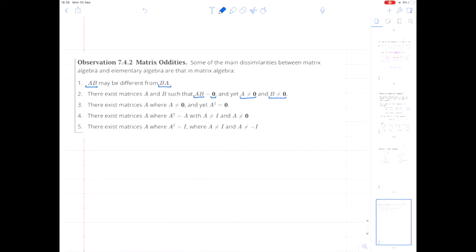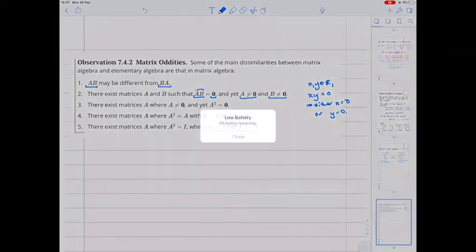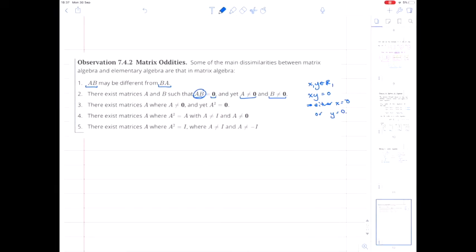This is a bit weird because we know that if you have real numbers x times y equal to 0, it means that either x is equal to 0 or y is equal to 0. But strangely here, with matrices, that's not the case. You can have two matrices which you multiply together to give you the 0 matrix, but neither of them is a 0 matrix.